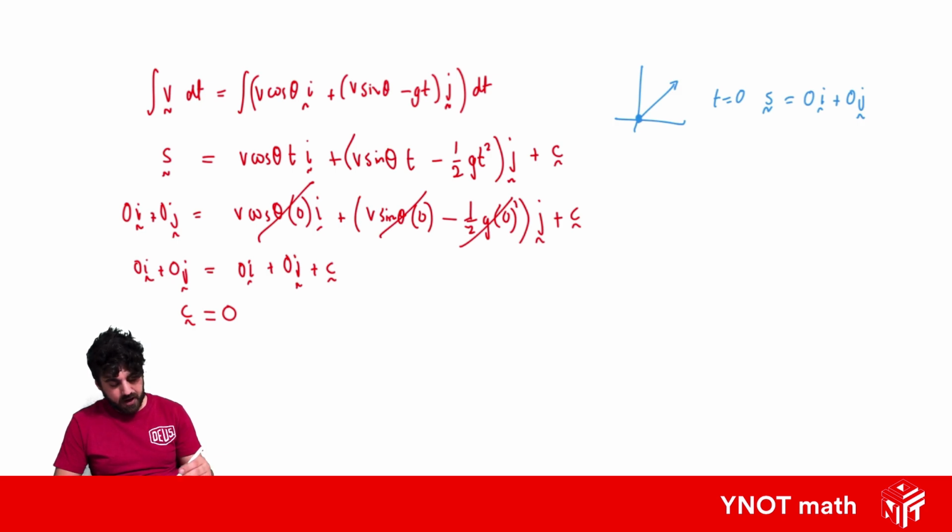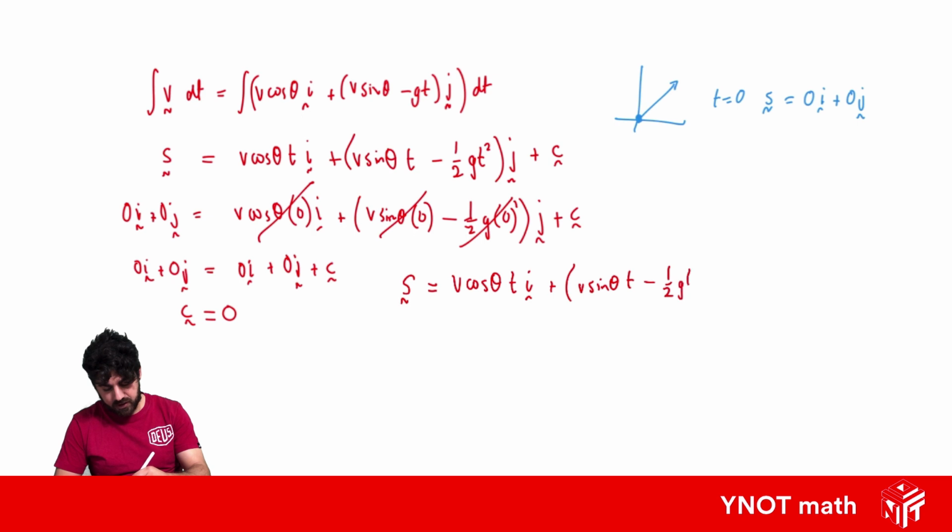So we can get our final equation for displacement: the displacement vector equals v cos theta t times i plus (v sine theta t minus a half g t squared), all multiplied by j.